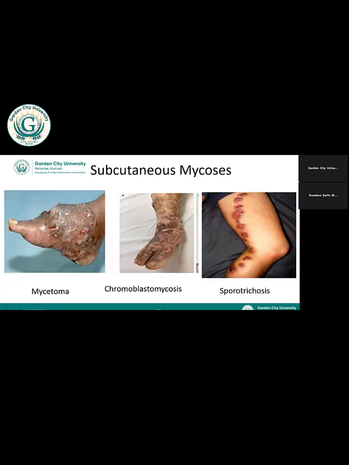They may be seeing them as ordinary wounds, and they will be applying the medication, or systemic mycosis.